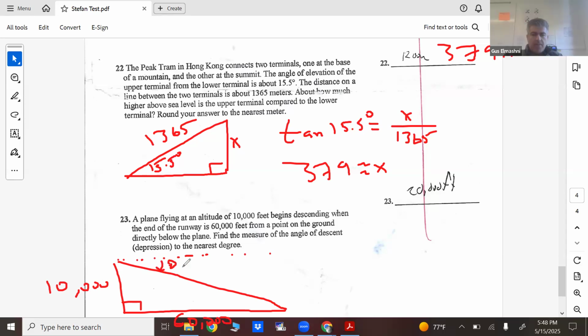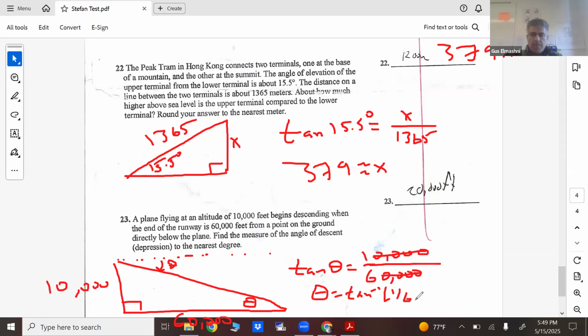So if I call it theta, we want to do tangent, which would be 10,000 over 6,000. Work it out. So you get 9, let's say to the nearest degree, so 9 degrees.